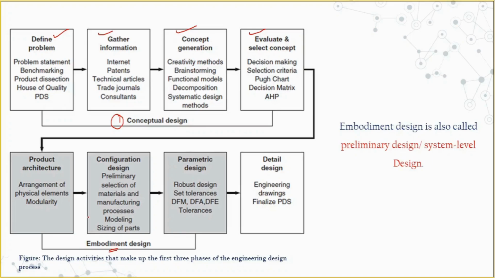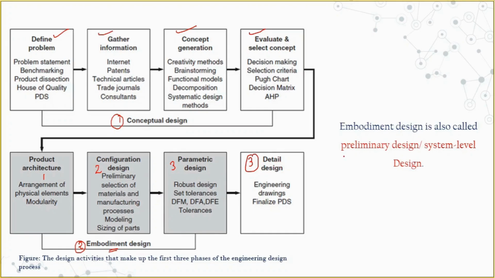Embodiment design is basically categorized into 3 steps. The first step is finalization of product architecture, the second step is configuration design, and the third step is parametric design. This is your first, conceptual design phase, this is the second, embodiment design, and the third one is the detailed design phase, where we are going to cross-check the complete design once again.